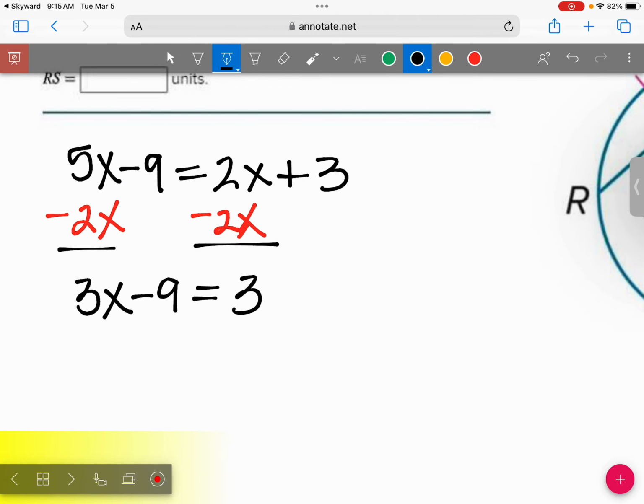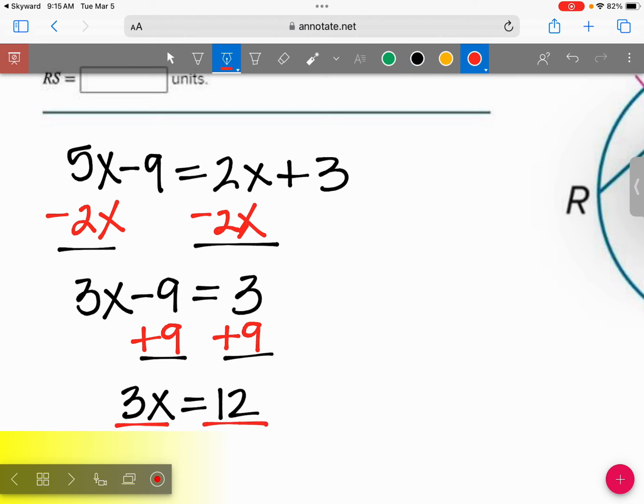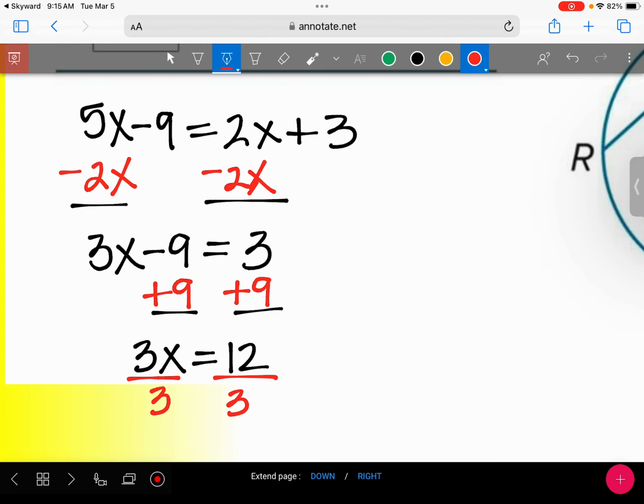And then what do you think we're going to do next to solve this for x? What will be my next? Add 9. Good job. And then your last step would be to divide by 3.